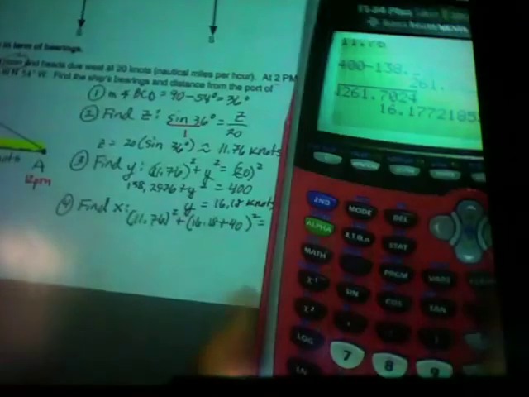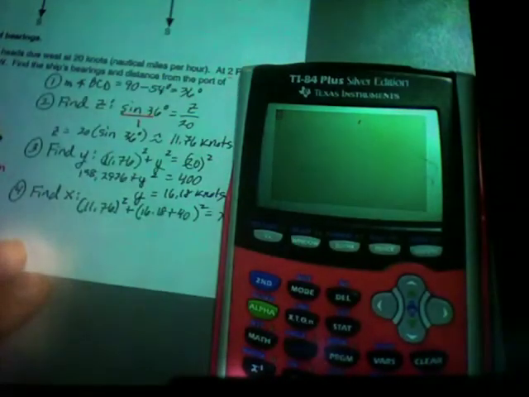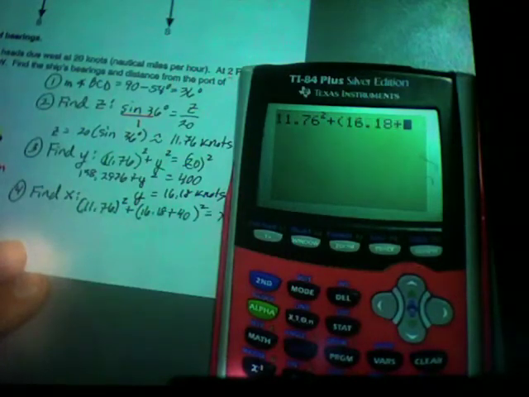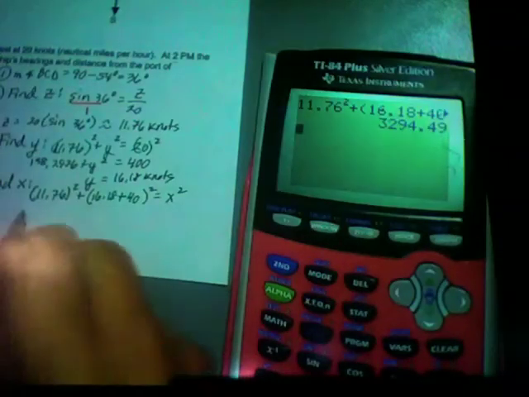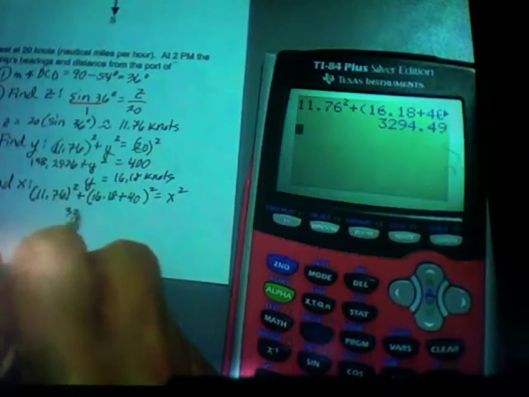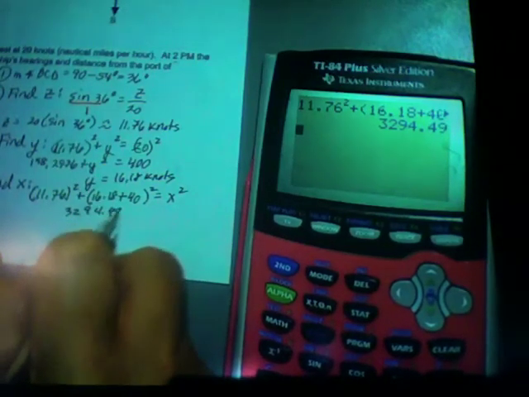So on my handy dandy calculator, 11.76. So x squared is equal to 3294.49.